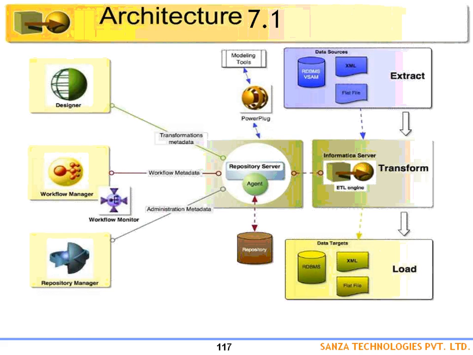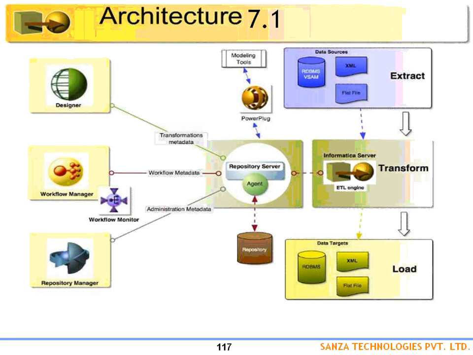It is in the logical model, not the physical model. Then when you want to create the mappings, you will use the Power Plug third-party tool, getting from the modeling tool. It is not predominantly used, but Informatica will give you this Power Plug, which is a different third-party tool.